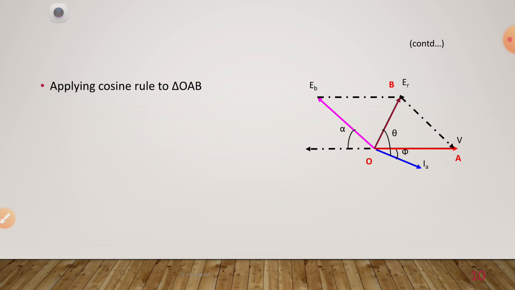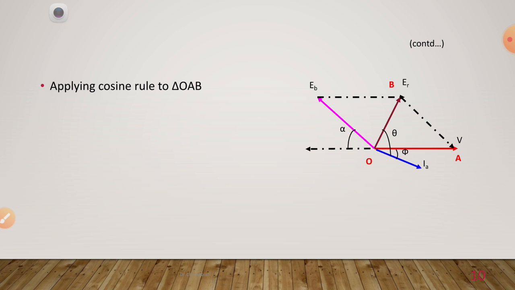In the sine rule, the side is proportional to the sine of the opposite angle. By applying the cosine rule and the sine rule, we are going to get alpha as well as the resultant voltage ER.